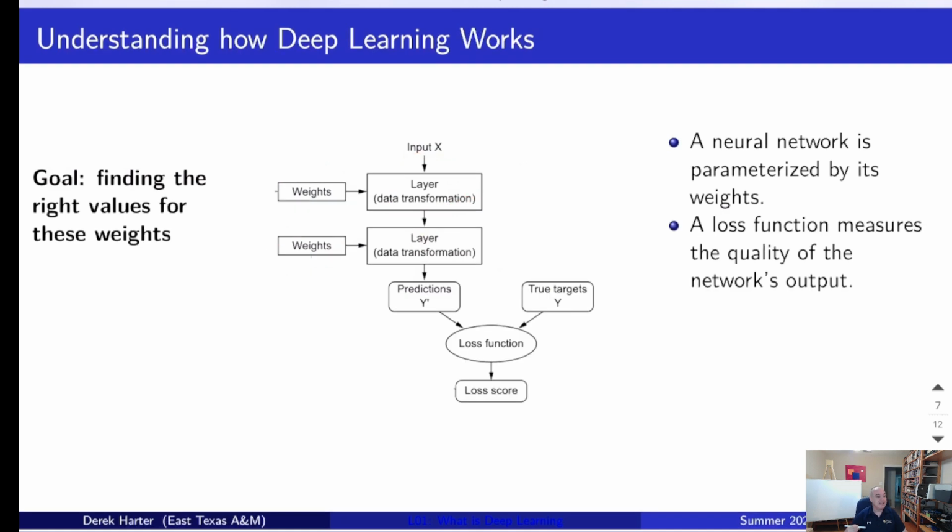So the key to machine learning is we need what's known as a loss function, also called a cost function. I'll use those terms interchangeably. A loss function basically measures the quality of the network's output. This has to be a little bit more sophisticated than simply the answer being correct or not.